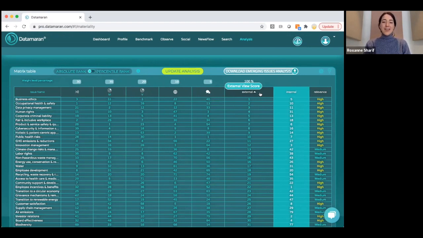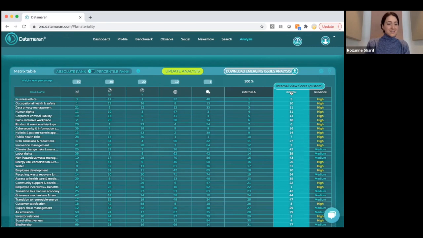And then we recall that I uploaded financial disclosures for healthcare companies globally to the internal rating here. So if we can remember our issue that we thought to be most financially material was product and service safety, right?